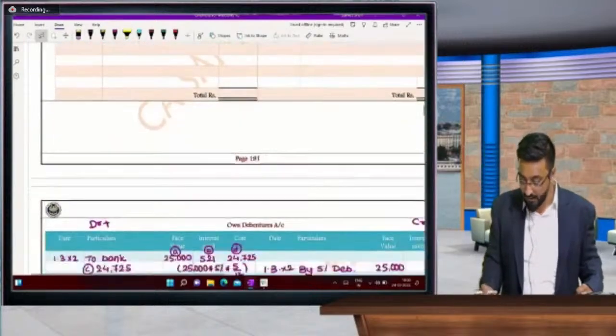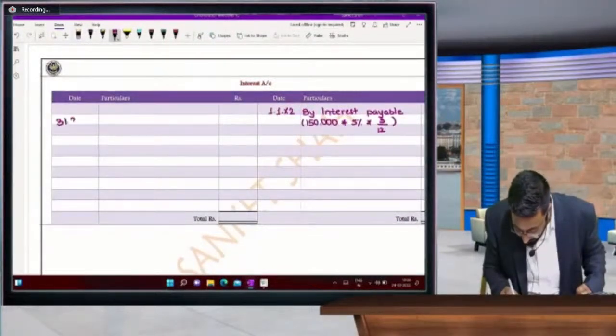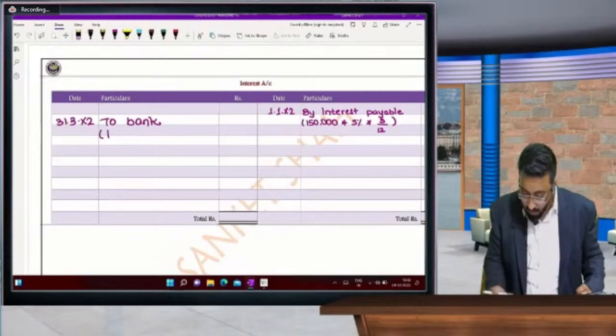Now what is the next day? 31st of March, interest payment date, to bank. On how many debentures? You cancelled.